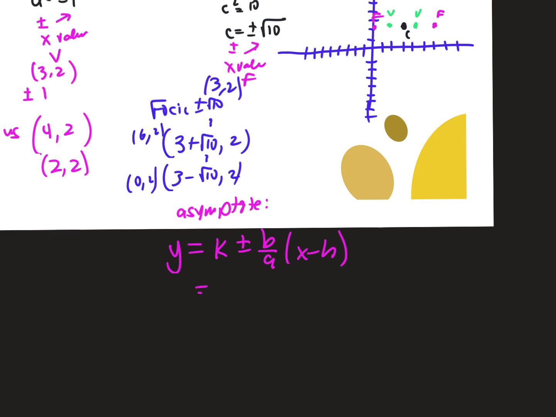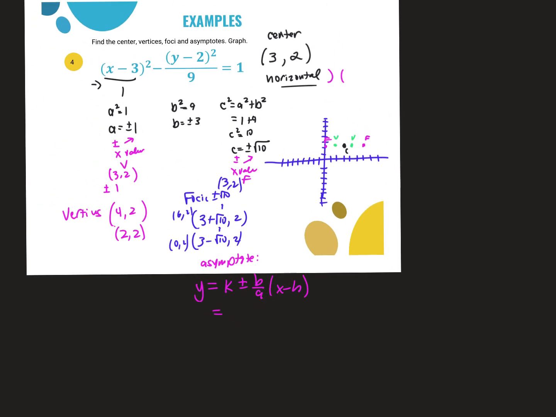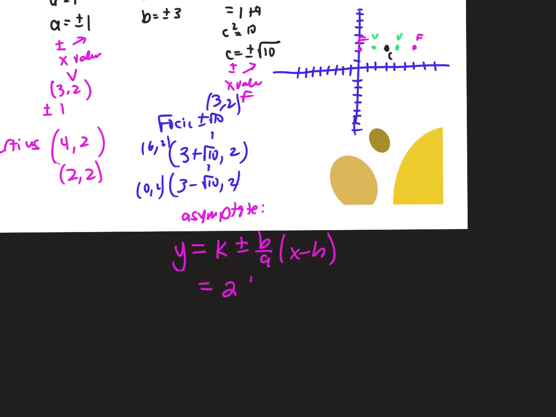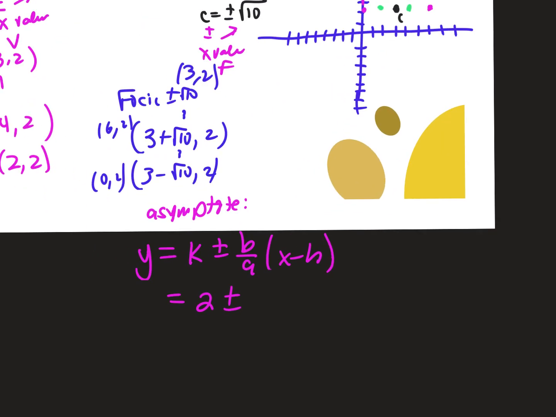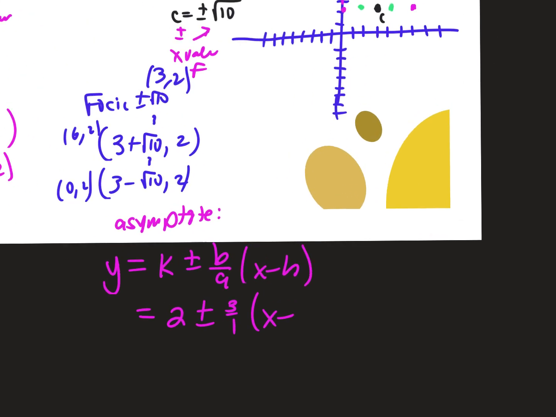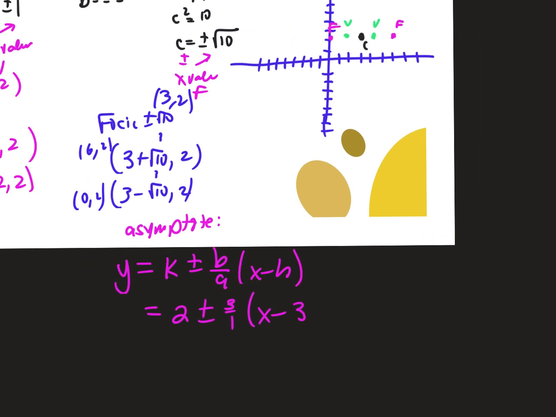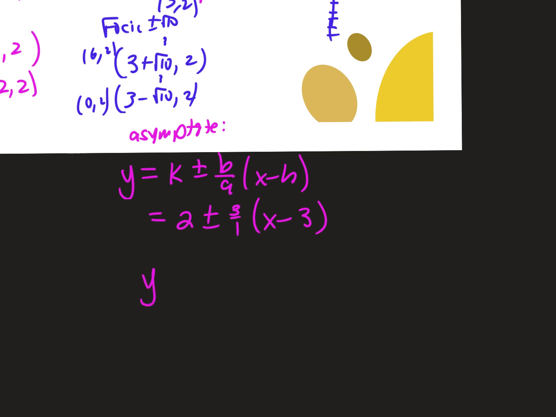So I have y equals, my k value, again, is 2, plus or minus b over a. That's 3 over 1, times x minus my h value, which is 3. So I have my asymptotes at y equals 2 plus or minus 3 times x minus 3.